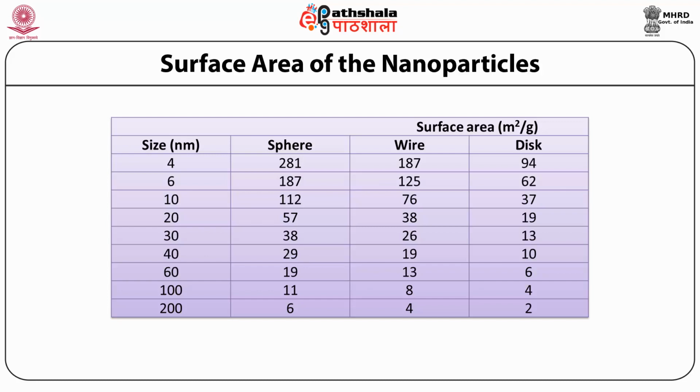It is of interest to examine how the specific surface area depends on the shape. Consider a cube of side a with the same volume as the sphere of radius r, which is 4 pi r cube by 3 equal to a cube.